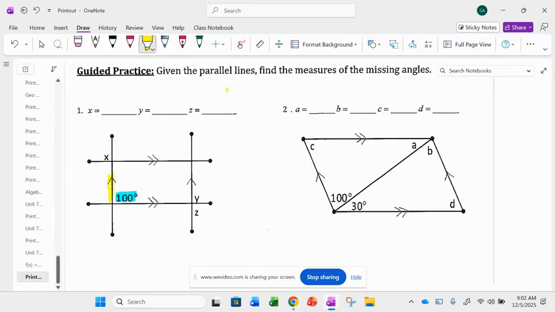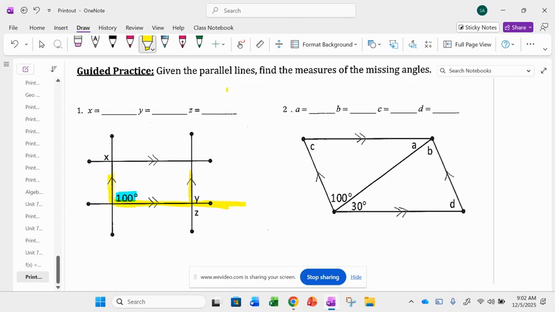And using the one arrowhead lines, I'm tracing the 100. And then do you guys want to find Y or Z first? Which one's catching your eye more? I'd probably go with Y. And what have we made here?